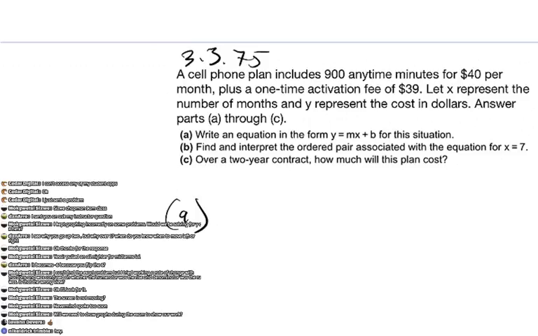So this one says a cell phone plan includes 900 anytime minutes for $40 a month, plus a one-time activation fee of $39. So X is the number of months and Y is the cost. It says write an equation of this form for this situation.